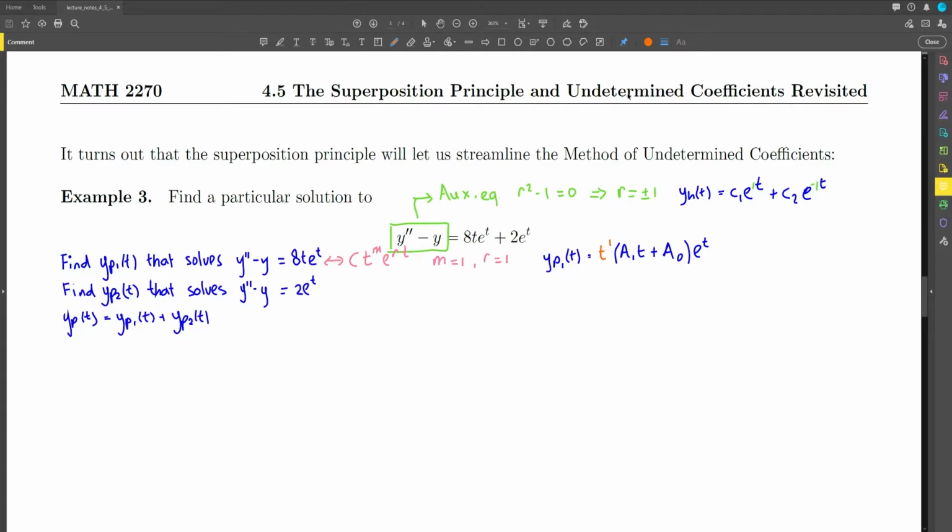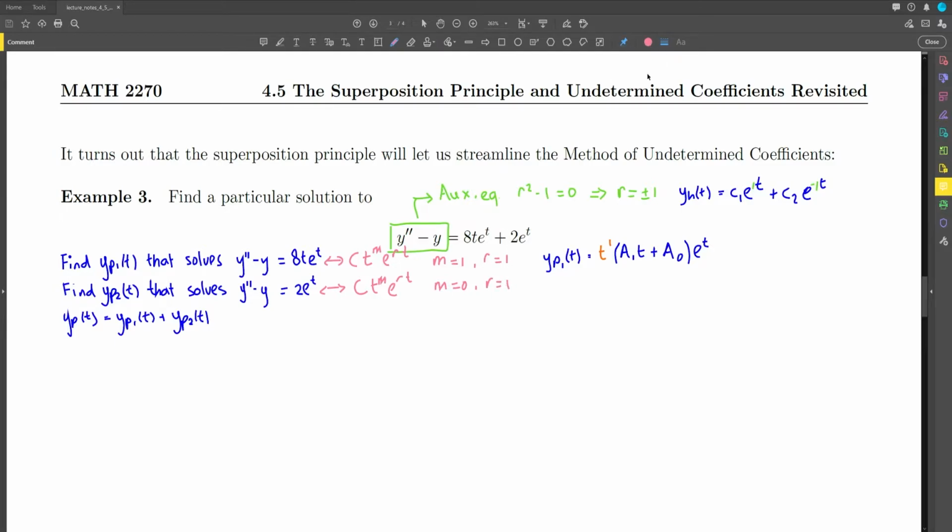And now let's compare this with the second part. Well, that's c t to the power m e to the power rt. And since there's no power of t here, that means that m equals 0 and r equals 1.